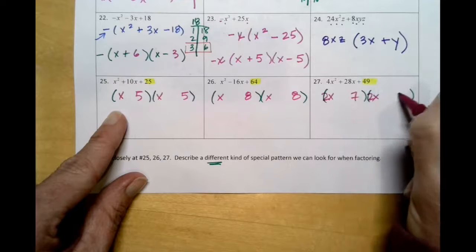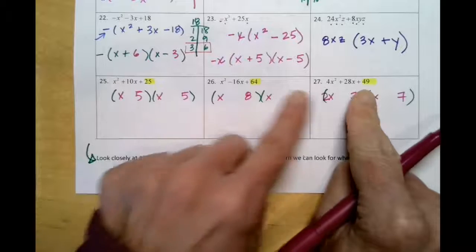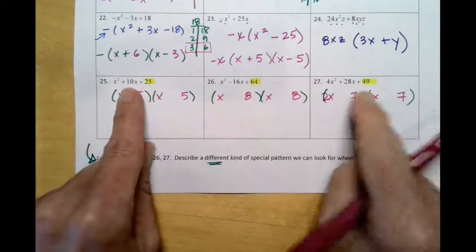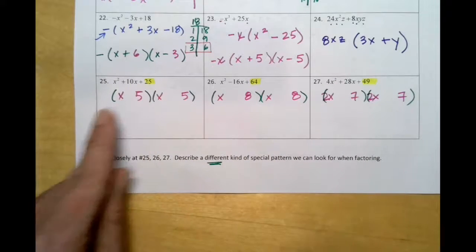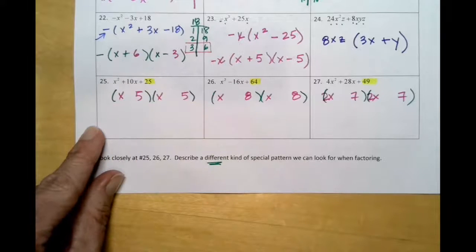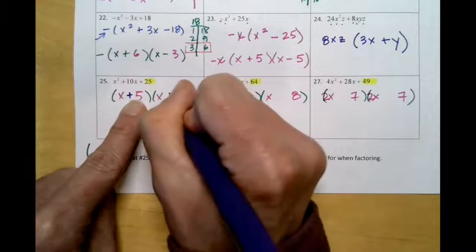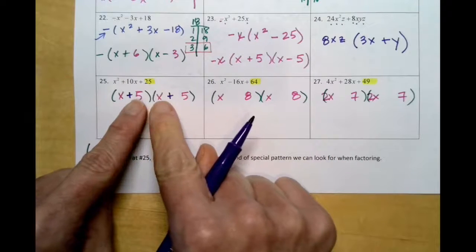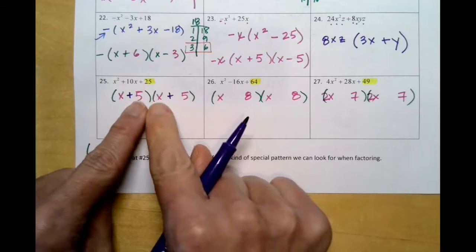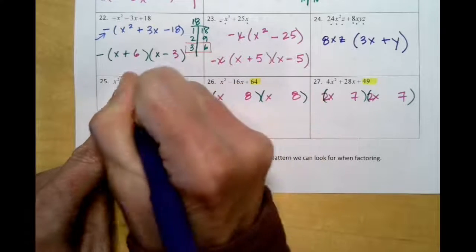But what I want to show you is because of these signs, I know I'm looking at what we call a square, double, square pattern. So I know that 5x is my product of my outer and inner terms. So that's how I get this double.